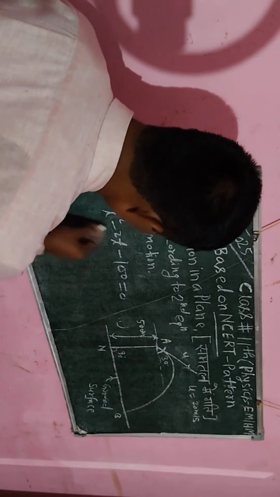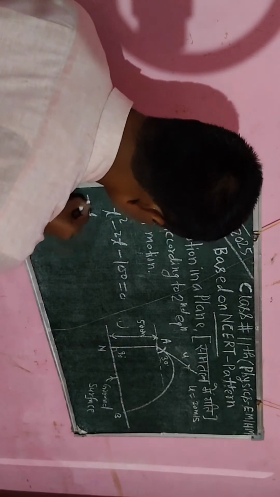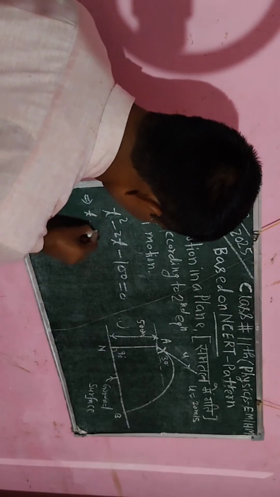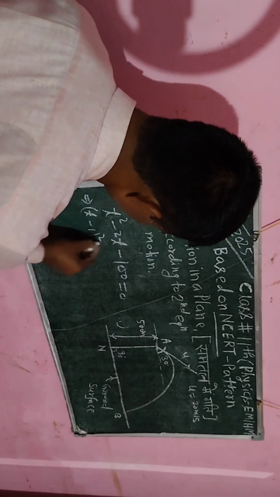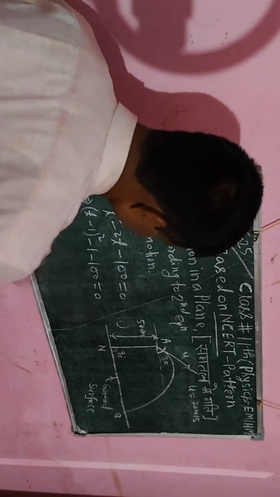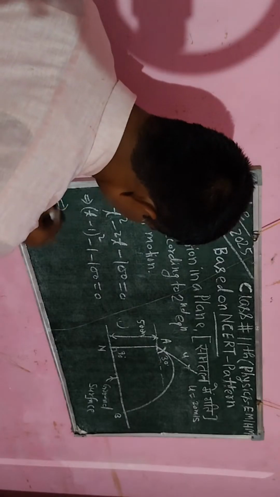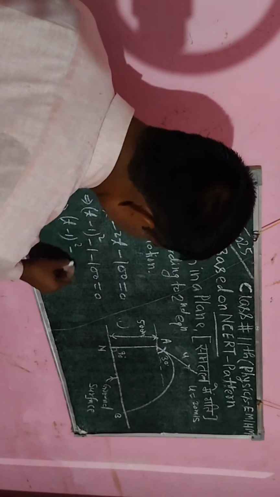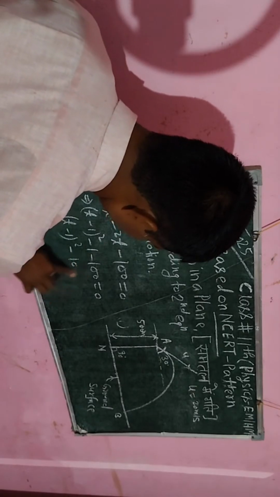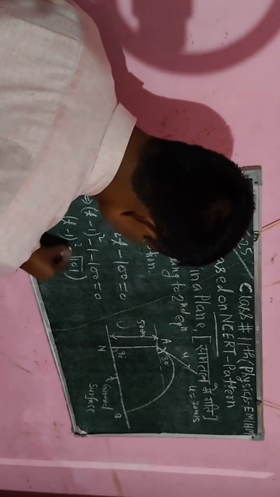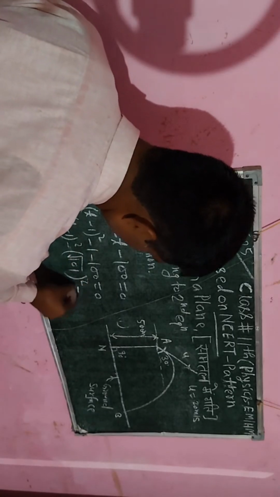In other words I can also write t minus 1 whole square minus 1 minus 100 is equal to 0. Again I will write, this implies t minus 1 whole square minus the square root of 101 whole square, I have to arrange it like this, is equal to 0.